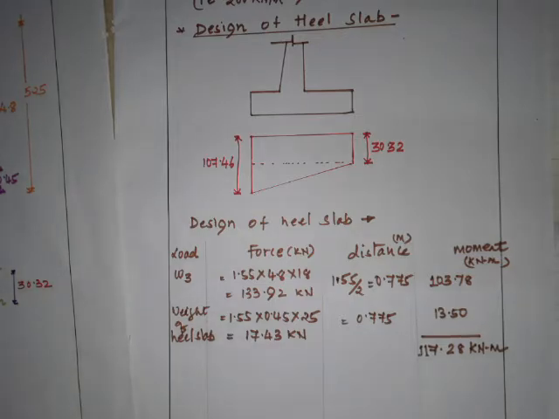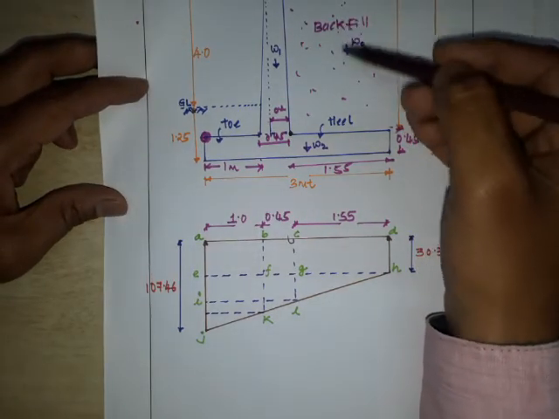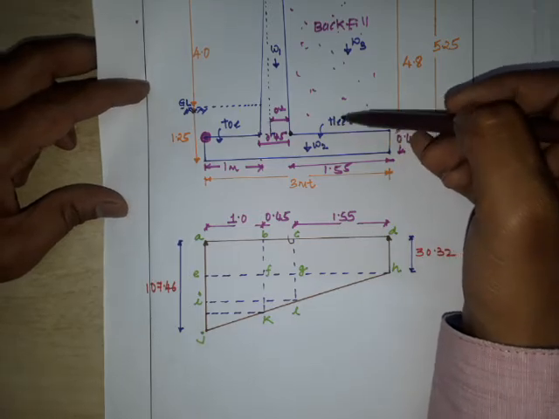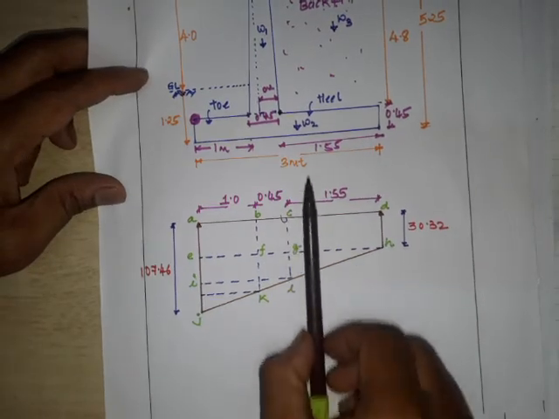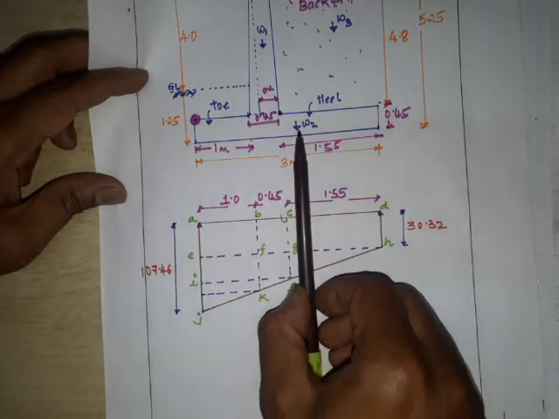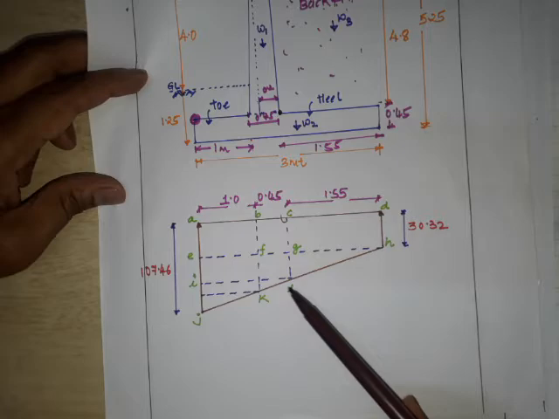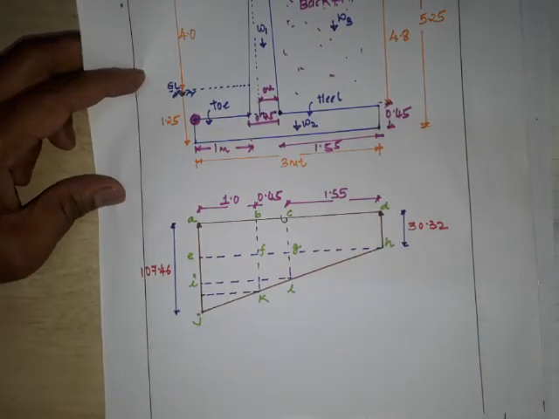Then apart from the backfill and the self-weight of the heel slab, which act vertically downward, we have upward pressure also acting on the heel slab. The upward pressure due to soil. So we have to refer to this pressure distribution diagram for the upward load.